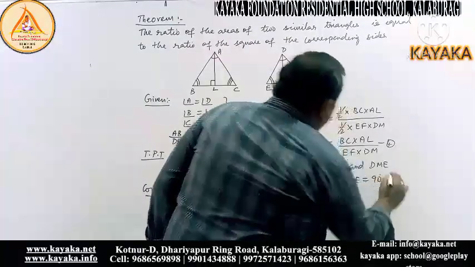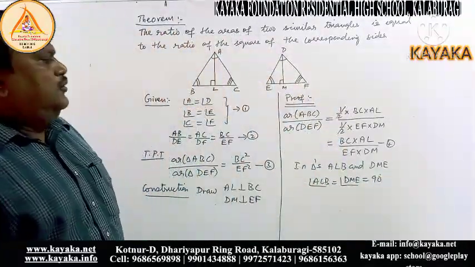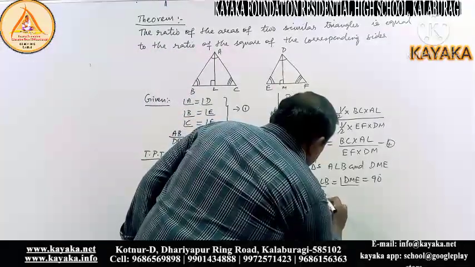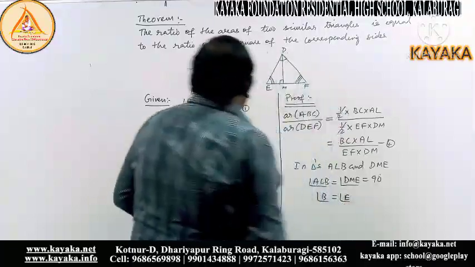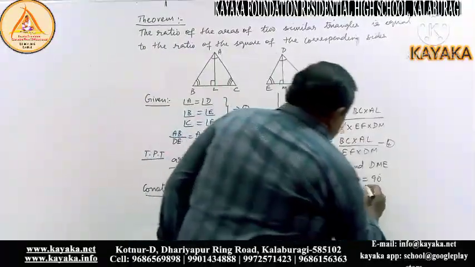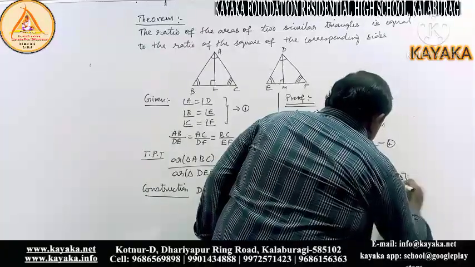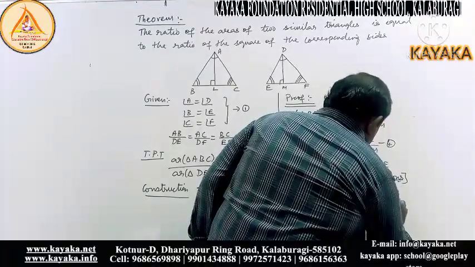Both equal to how much? Both will be equal to 90 degrees. Okay, dear children, now next one, angle B equal to angle E. It is from 1. This is by construction, we can write this is from 1.